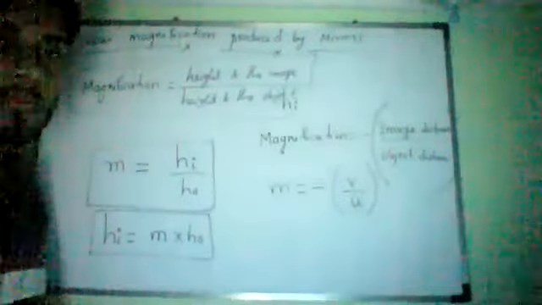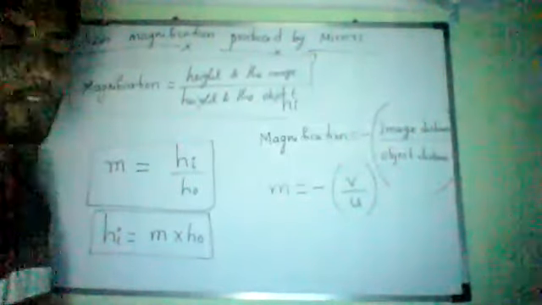Next, the second one. Sir, one minute, sir. The ratio of the height of the image to the height of the object is known as linear magnification, no, sir? This is for the first case. Now we have a second case, which you should write.